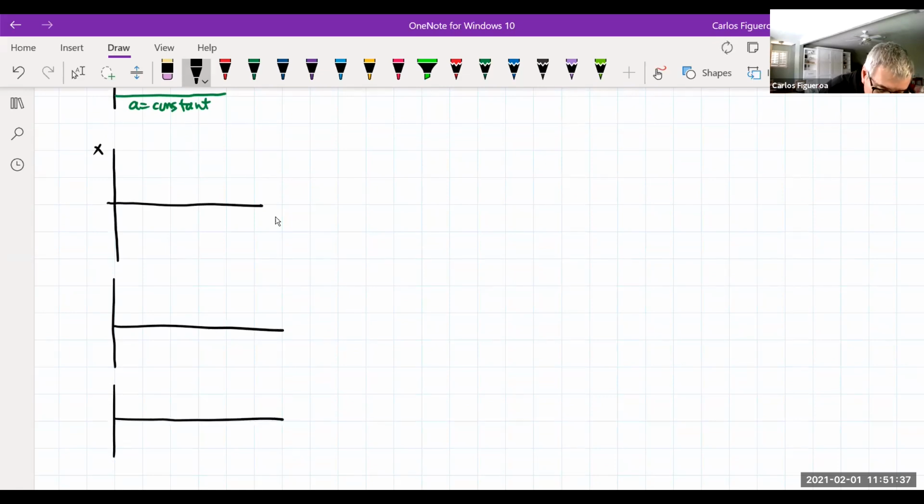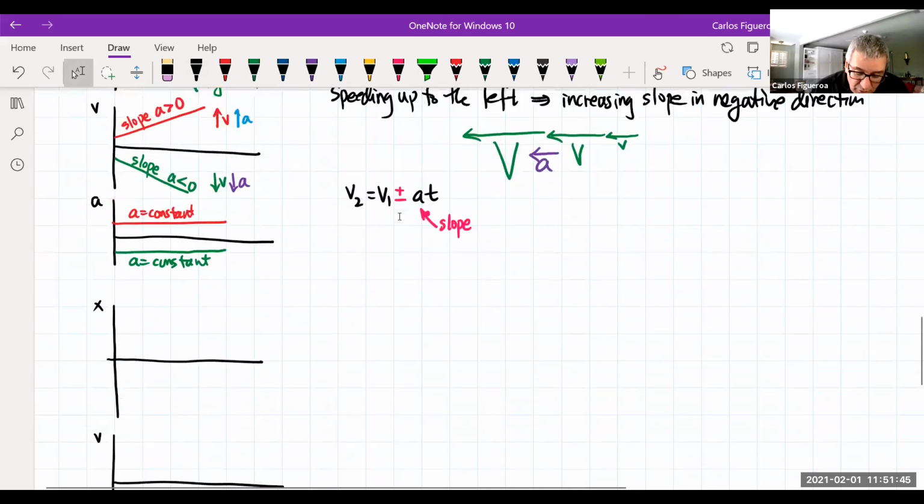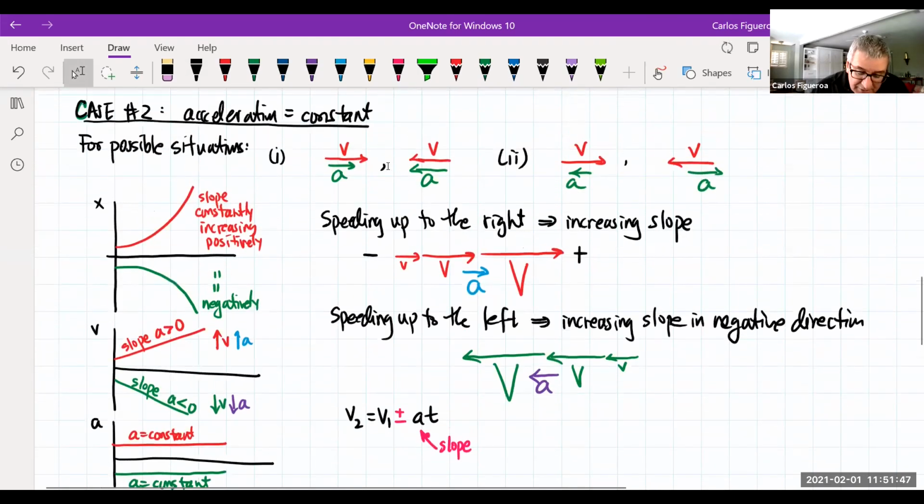So I have position, velocity, and acceleration. If I just scroll up here very briefly, we just talked about speeding up. Now I want to talk about slowing down in different directions.